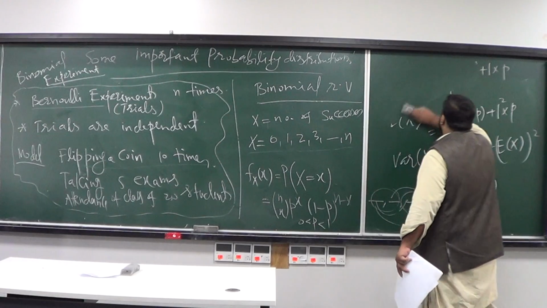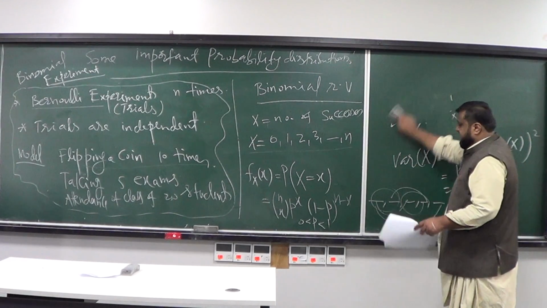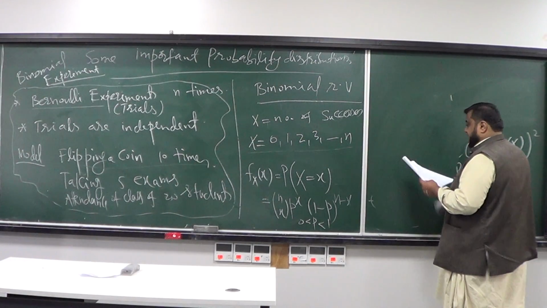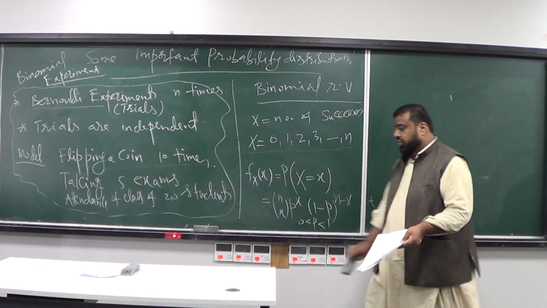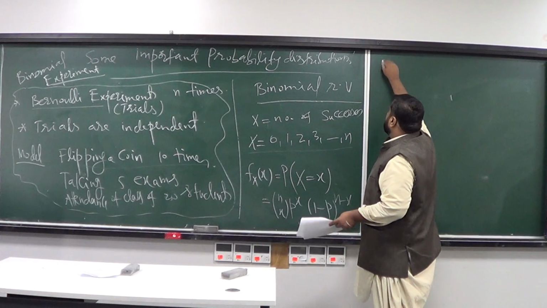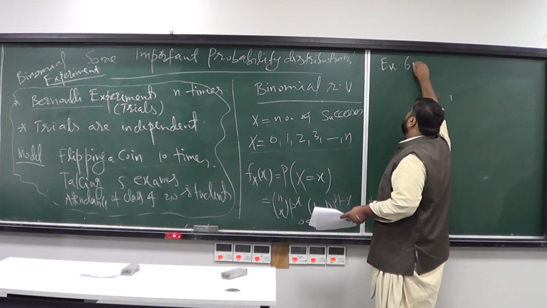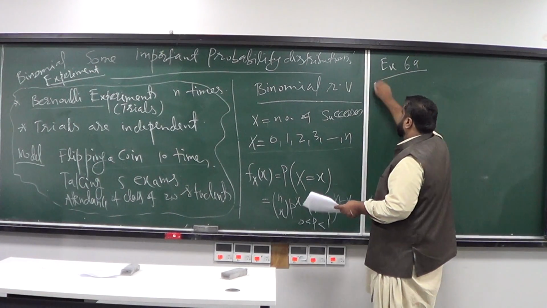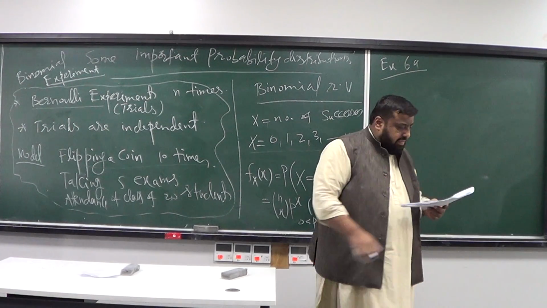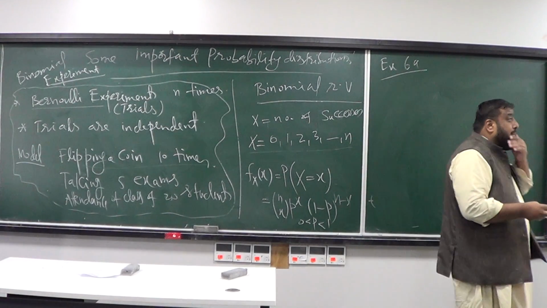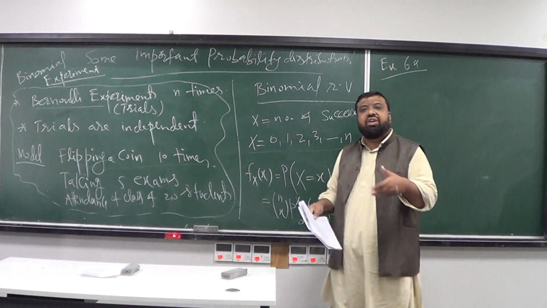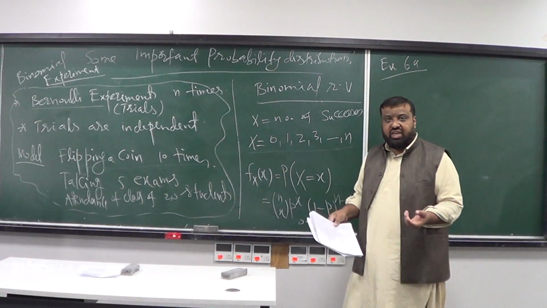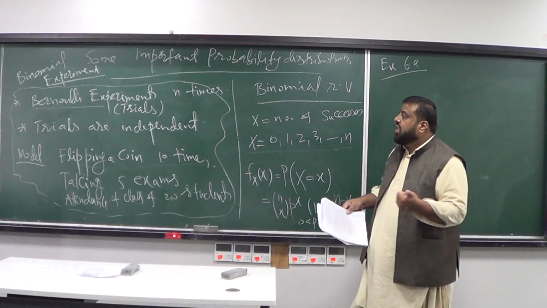So for example, here's an example from Ross, which is 6a from chapter 4. An example goes like this. Imagine you flip 5 fair coins.